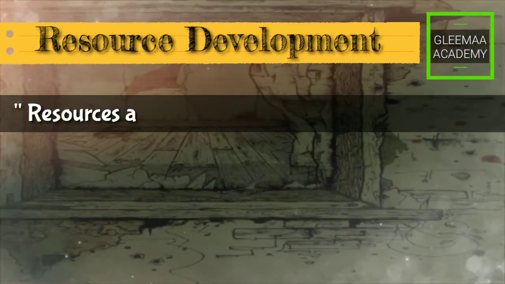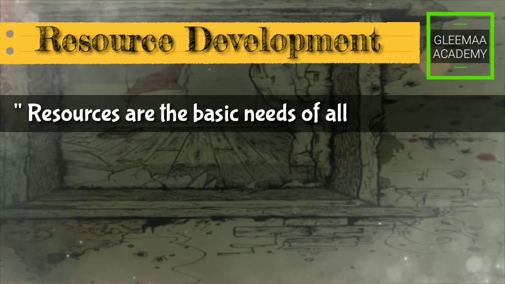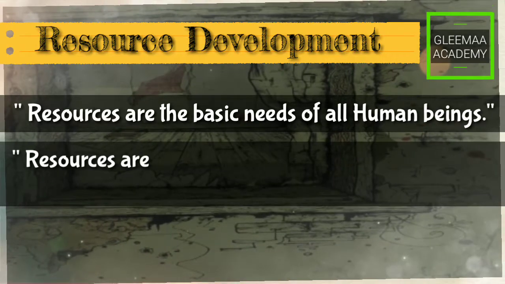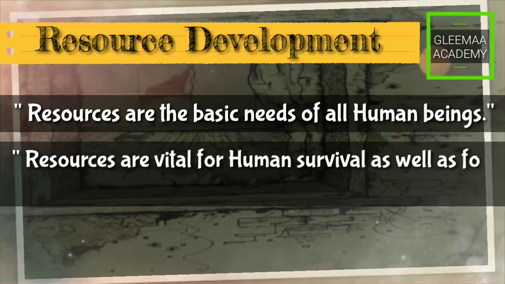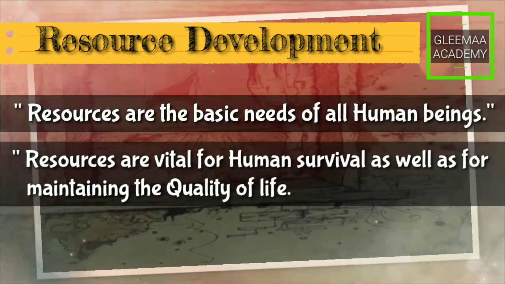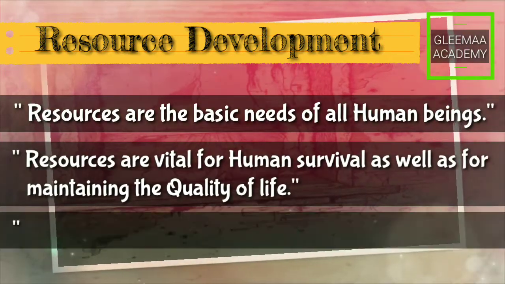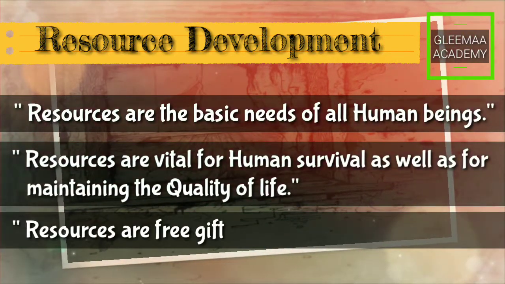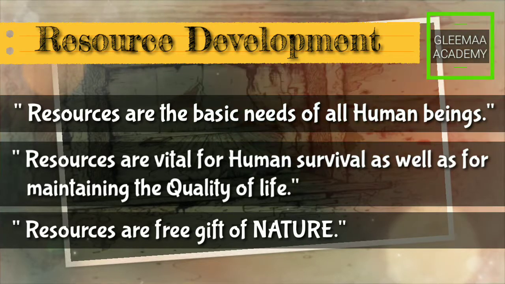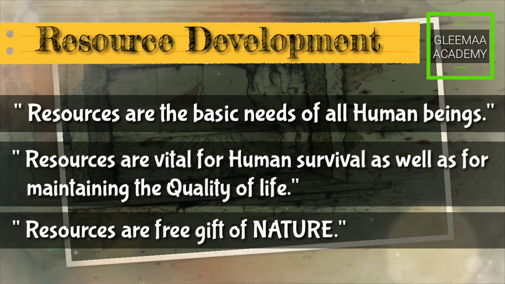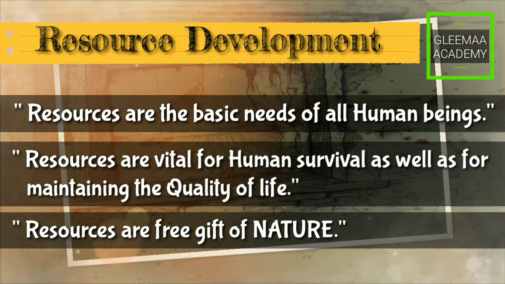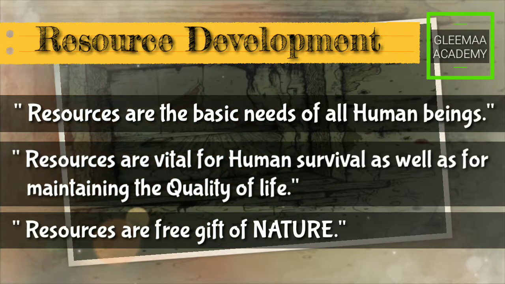Resources are the basic needs of all human beings. Resources are vital for human survival as well as for maintaining the quality of life. And also it is believed that resources are a free gift of nature. As a result, human beings use them indiscriminately, and this leads to major problems.